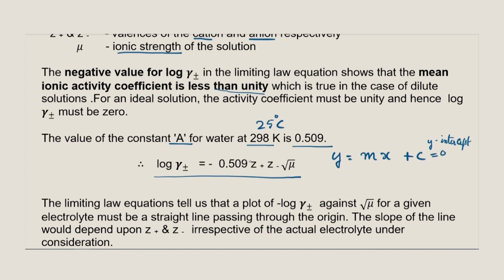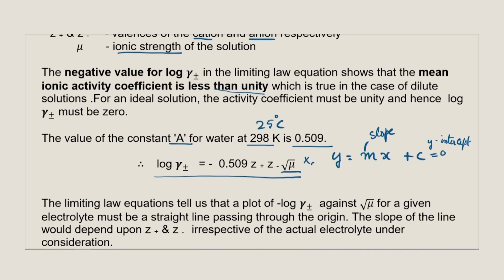So, you do not have c in this equation. Now, m is the slope and x and y are their coordinates. So, y means log gamma plus or minus, and x will be root of mu. Okay. So, if I plot this, this will be the slope.